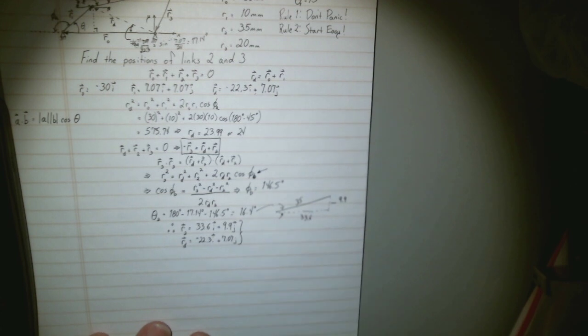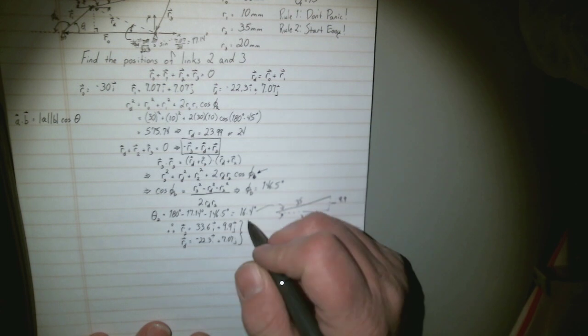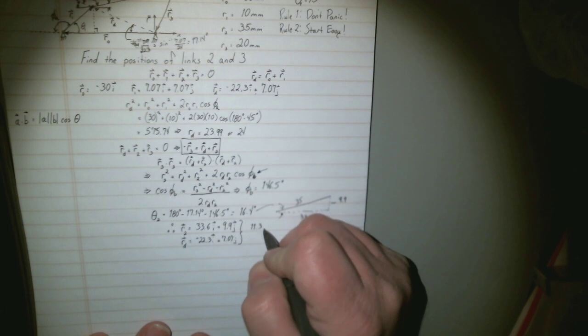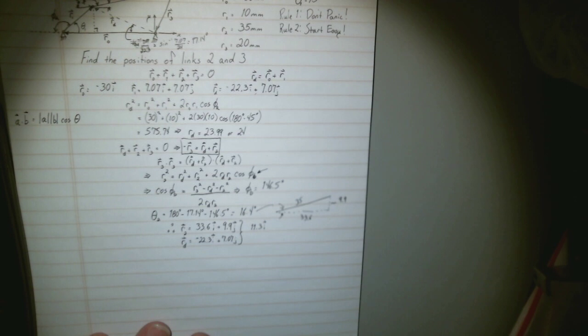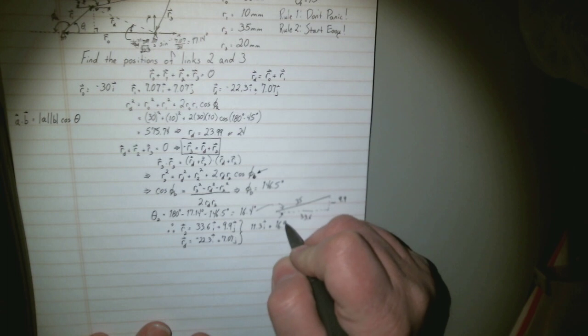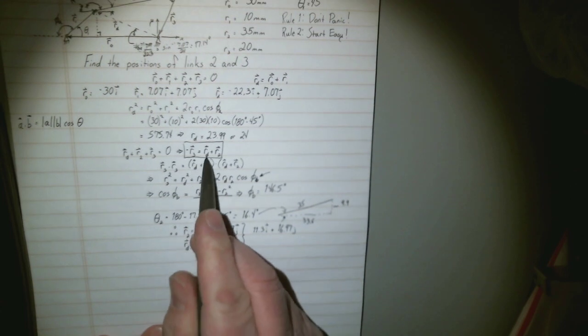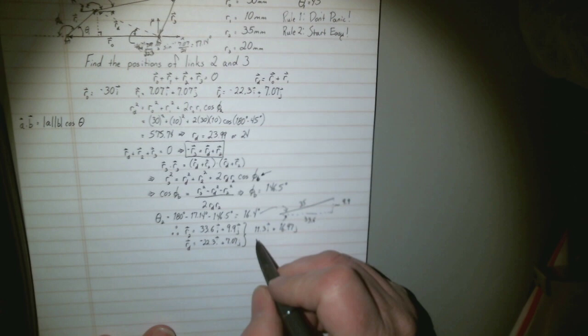If I add those two together, I get 11.3 i plus 16.97 j, but r sub d plus r sub 2 is equal to negative r sub 3.